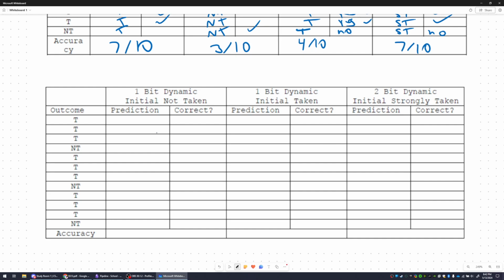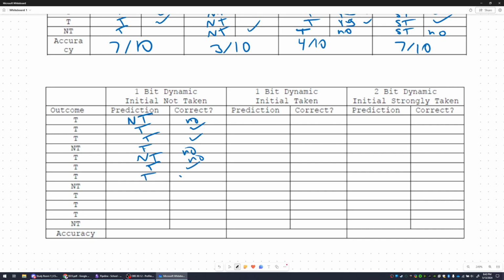Any questions for this one? Okay. This is 1-bit dynamic not taken. So not taken. Is it accurate? No. So change it. Accurate? Yes. Keep it. So yes. Is it accurate? Yes. So keep it. Is it accurate? No. So flip it. Is it accurate? No. So flip it.